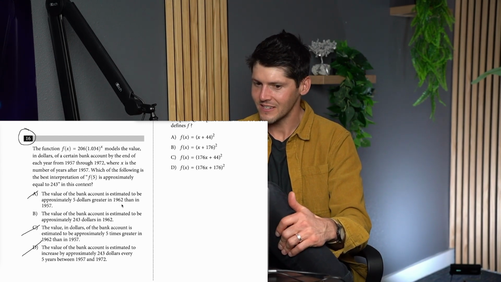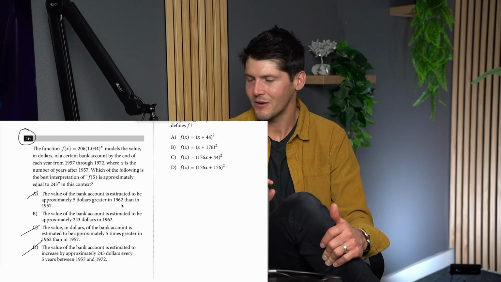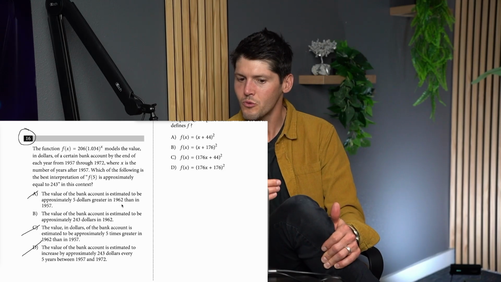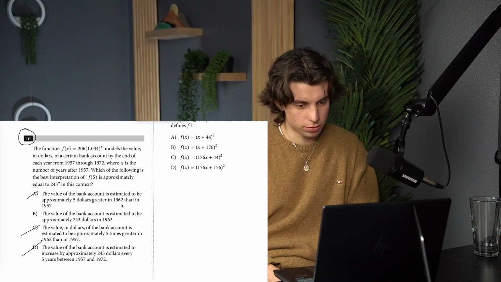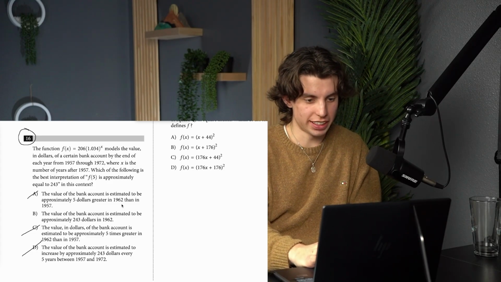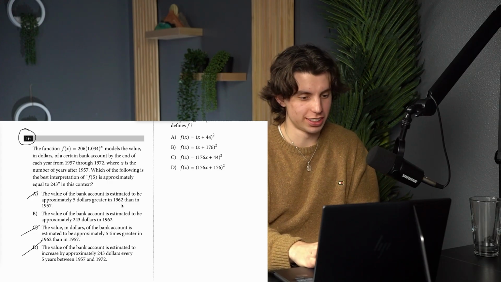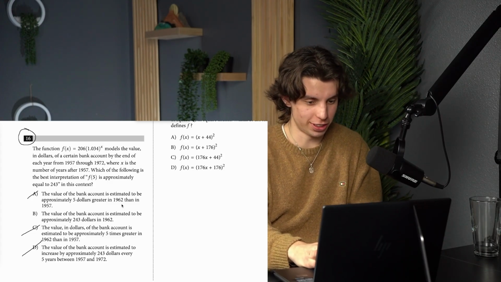I know it feels kind of obvious to say now, but tell me how you know from the sentence, without doing a calculation, that B is the right answer. It says the value of the bank account, which is equal to $243. Yes. So you know that function is $243.